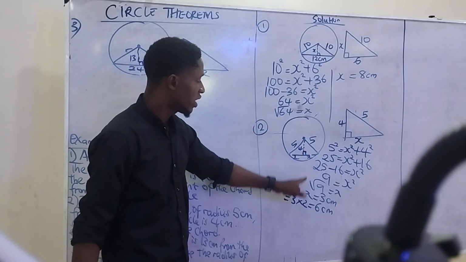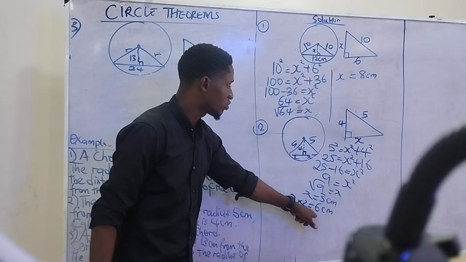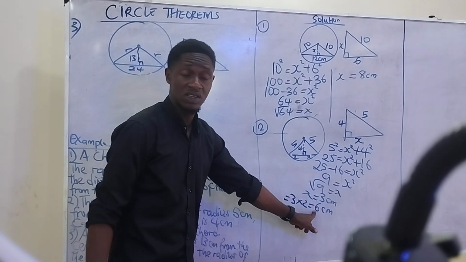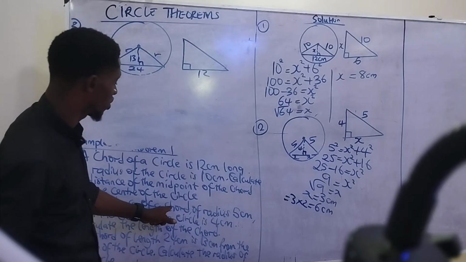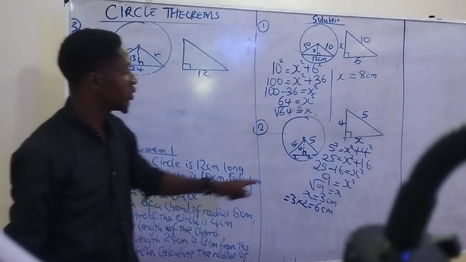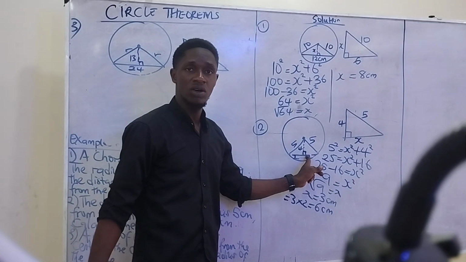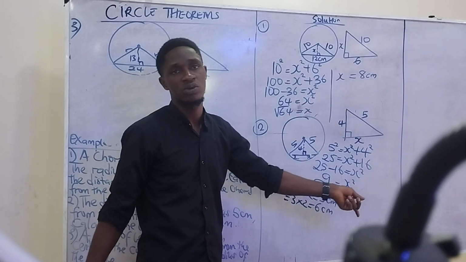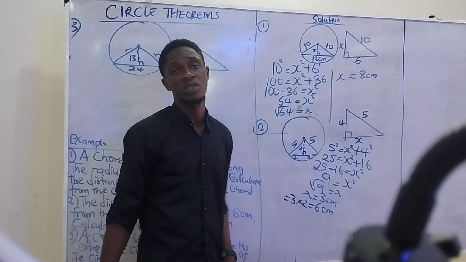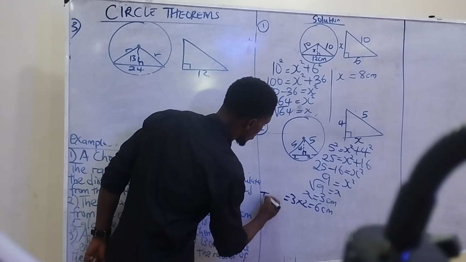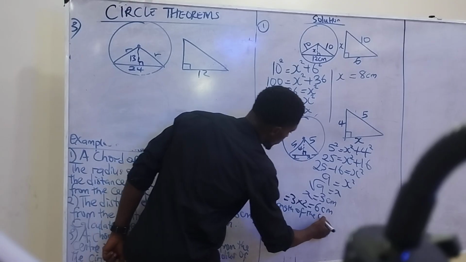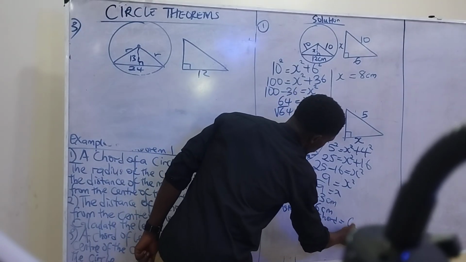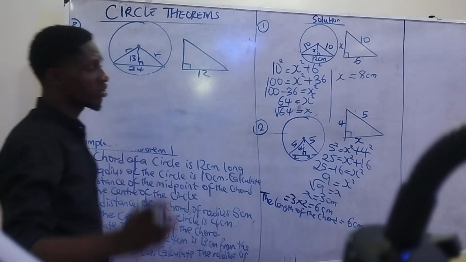So the answer is 6 cm. So take note of that. When you're looking for the length of the chord in that number 2, make sure that when you get the length of the first part, you multiply by 2, which will give you the total length of the chord. So the length of the chord in that number 2 is equal to 6 cm. So take note of that.